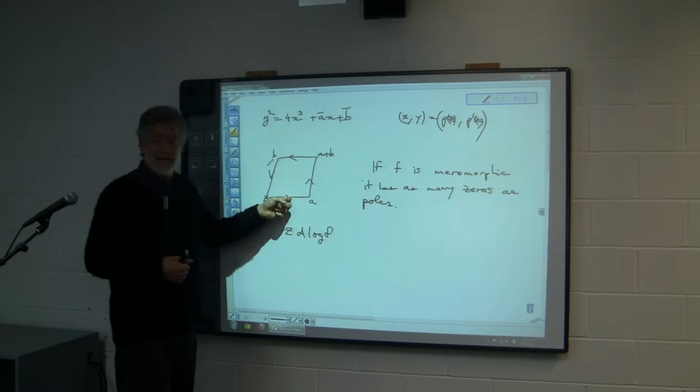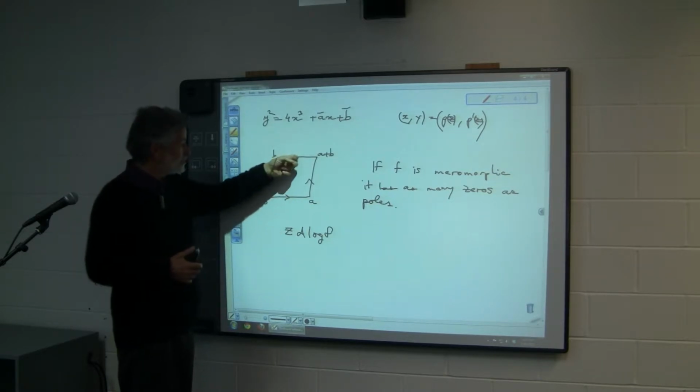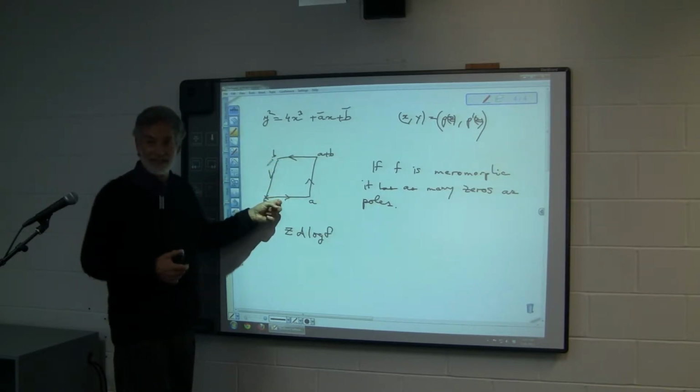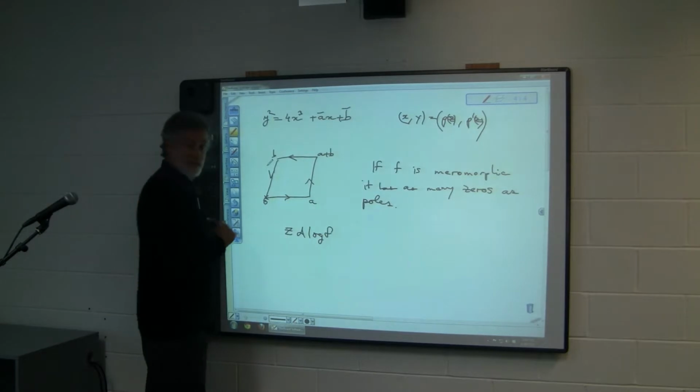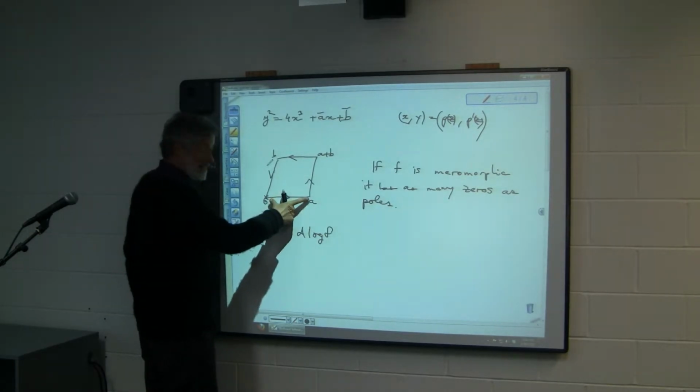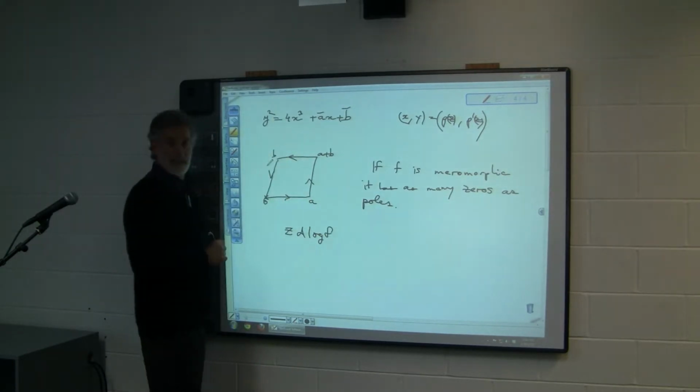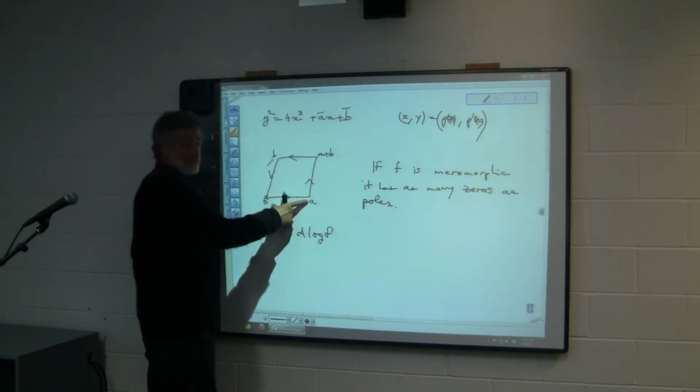So these don't quite cancel. What you get is 2 pi i times an integer as the difference. So if you take the integral, you get a times 2 pi i times an integer. If you divide by 2 pi i, which you do in this business, then you get an integer times a.